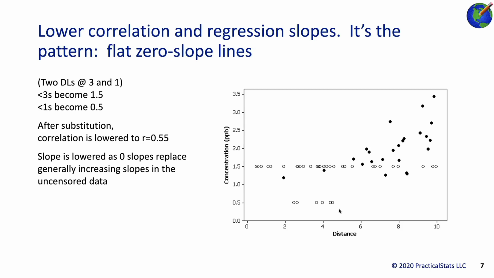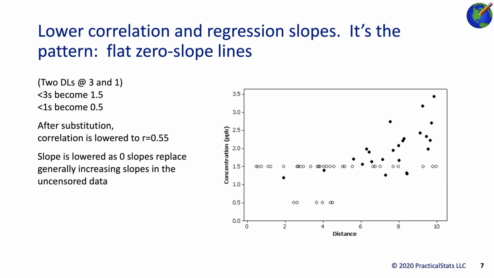So I've repeated the figure here just to show you, particularly for correlation and regression, what you have done is to put in a nice flat zero slope line with a little bit of another line down here which also has a zero slope. So what has happened, Pearson's R decreases to 0.55.